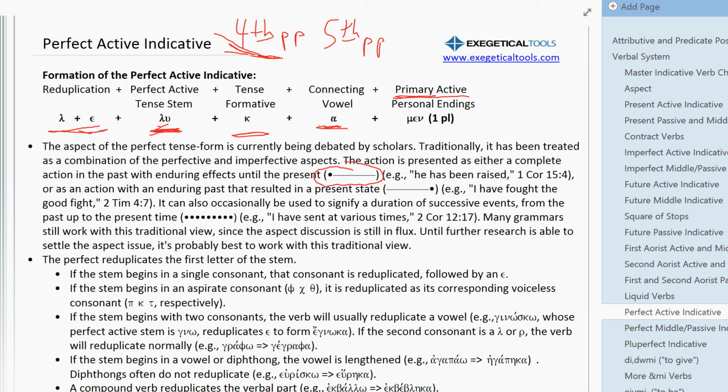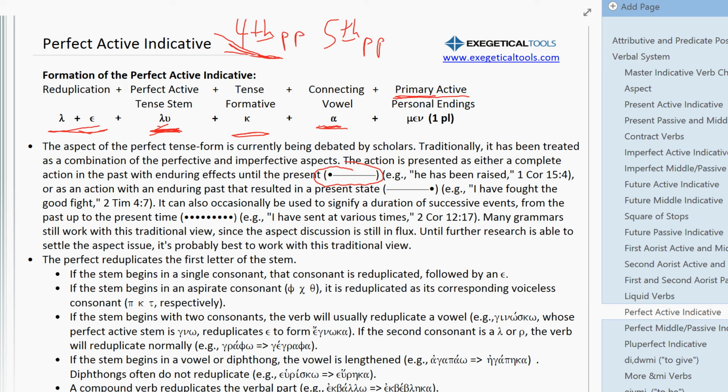Something like "I have fought the good fight." So he's continually fought, and now he's in this present state of having fought the good fight. It could also occasionally be used to signify a duration of successive events from the past up to the present time. So something like 2 Corinthians 12:17, "I have sinned at various times," would be a way you could translate that.